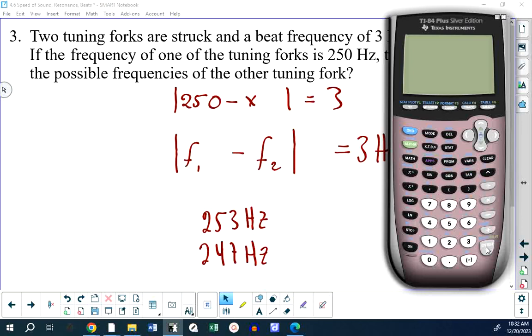What's 341 divided by 85? 4.01. So again, it's very close, but it's off a bit. So the frequencies are very close. This is a visual representation of the beat frequencies. If the frequencies are close, you should see beats with a very low frequency, which means it looks very wavy.